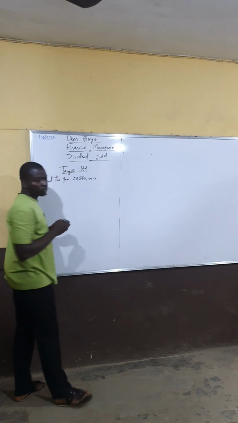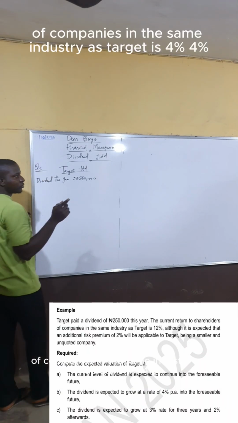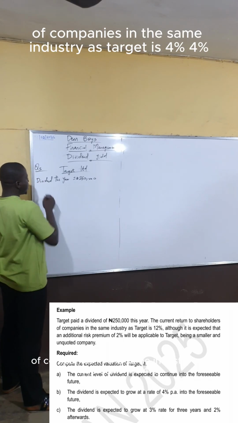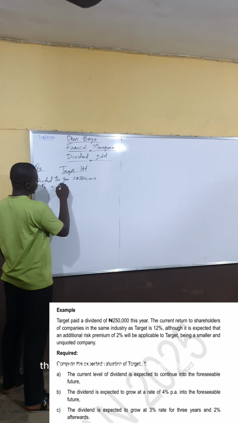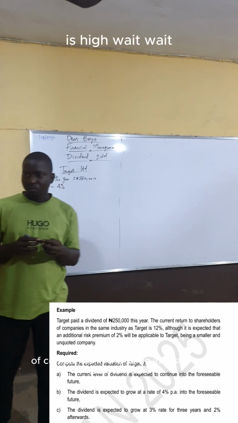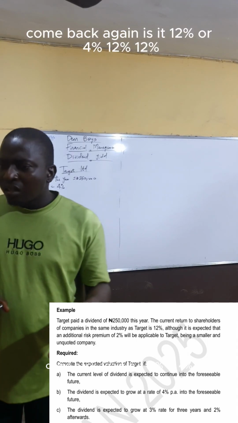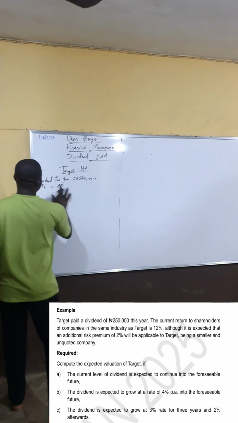The current return to shareholders of companies in the same industry as target is 12%. That is the cost of equity.